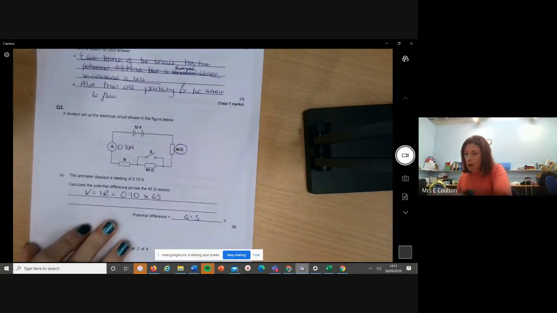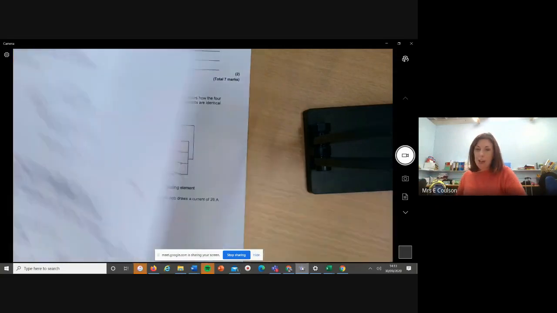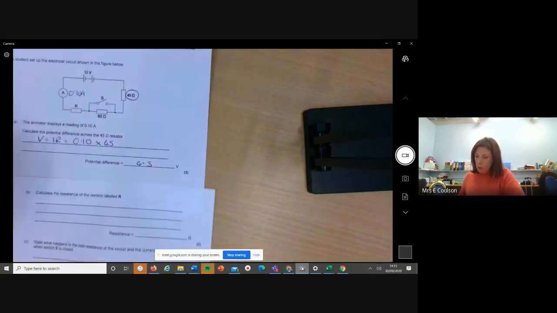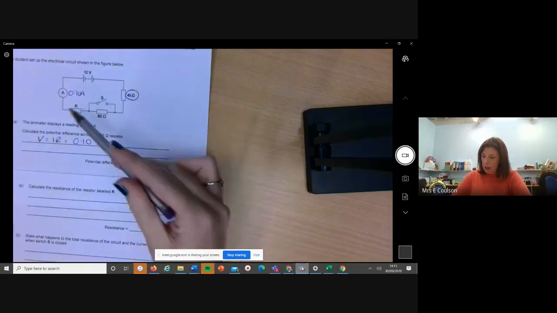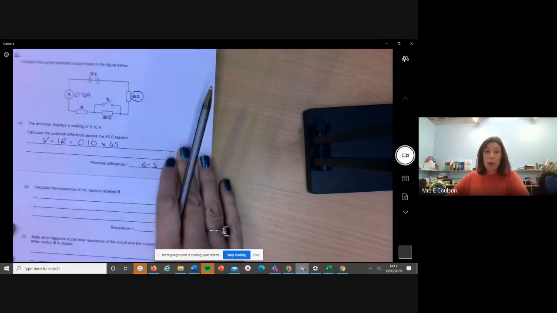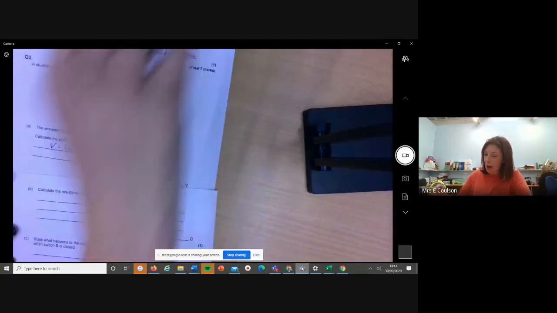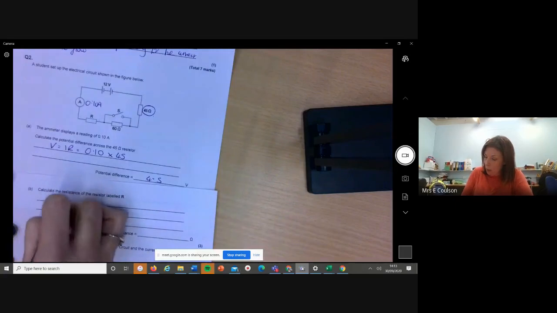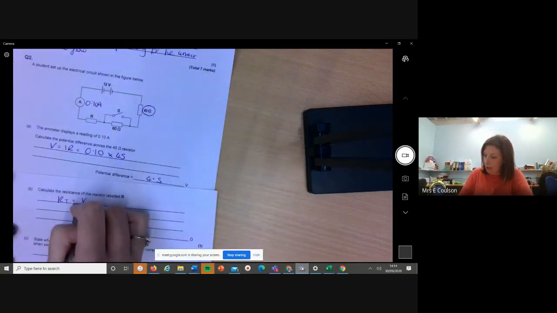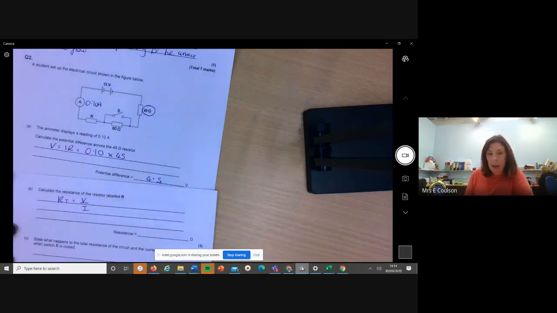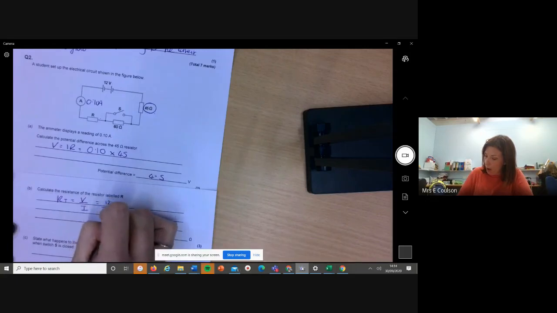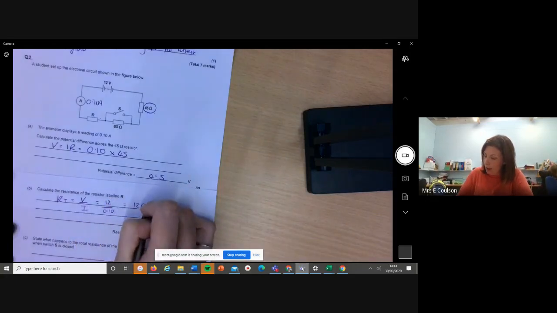The next part of the question then says, calculate the resistance of the resistor labelled R. So we now have this resistor here. Now, we can't really figure out what it is until we know what the total resistance is. So the way we'd work out the total resistance would be the power supply potential difference, so V over I. That would be 12 over 0.10, which is 120 ohms.